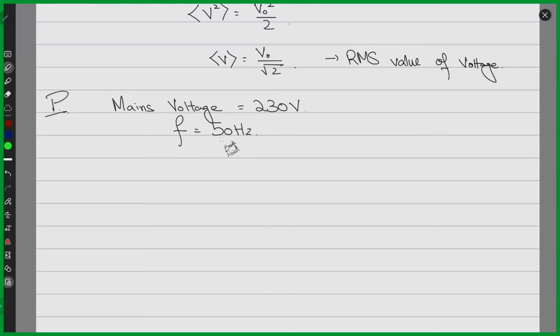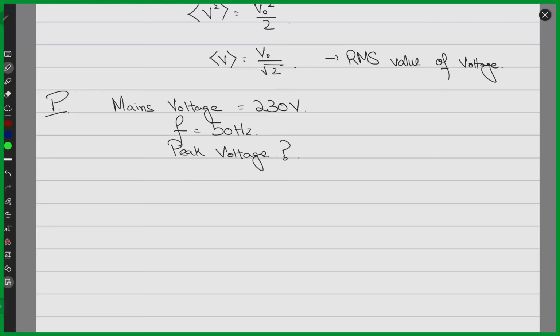In the UK, the frequency is usually 50 hertz, and we want to calculate the peak voltage. What is the peak voltage that I can get from this thing?